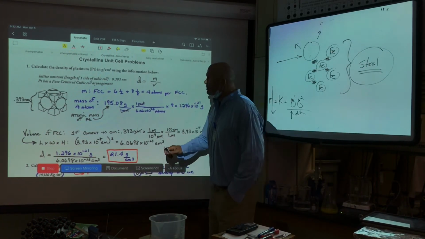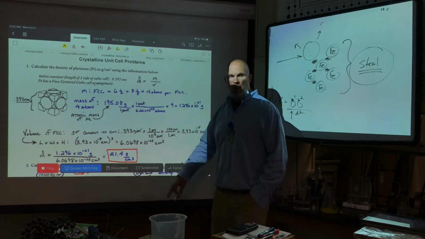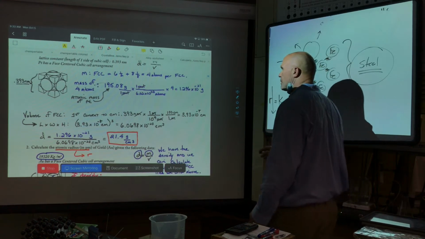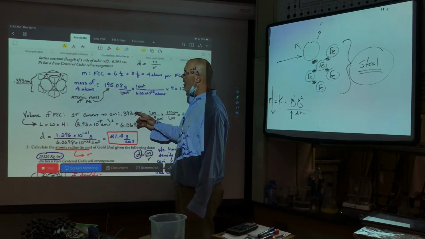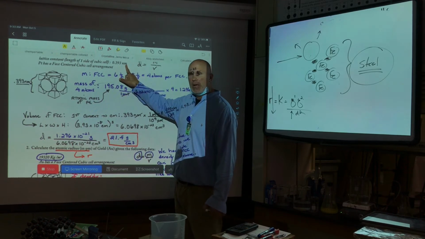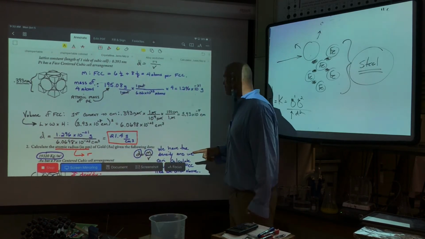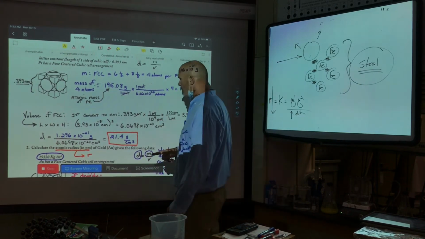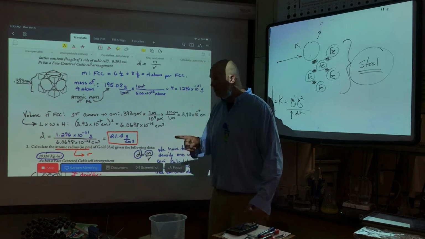Talking about the homework, this was a problem that we did in class. The only little difference here is that I used nanometers. So nanometers and picometers. A nanometer is 1 × 10 to the 9, which means you need a billion of them to make 1 meter.